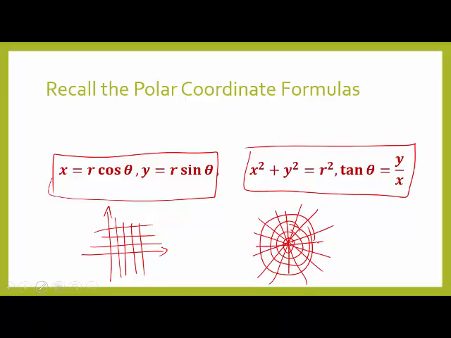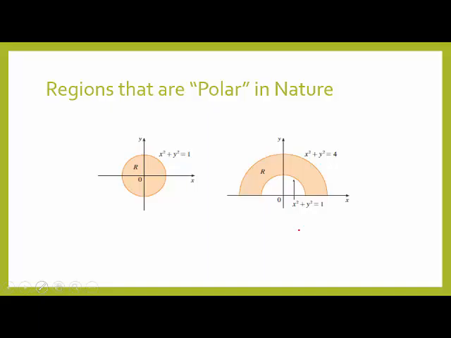Polar coordinates are based on radial lengths from the origin and angles, and so the grid is different. When we're dealing with double integrals, there's another piece of information that's important to consider when we're switching to polar coordinates.